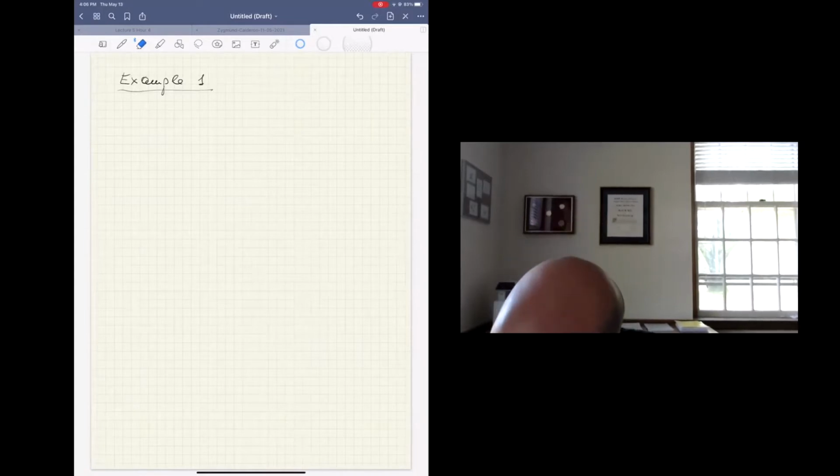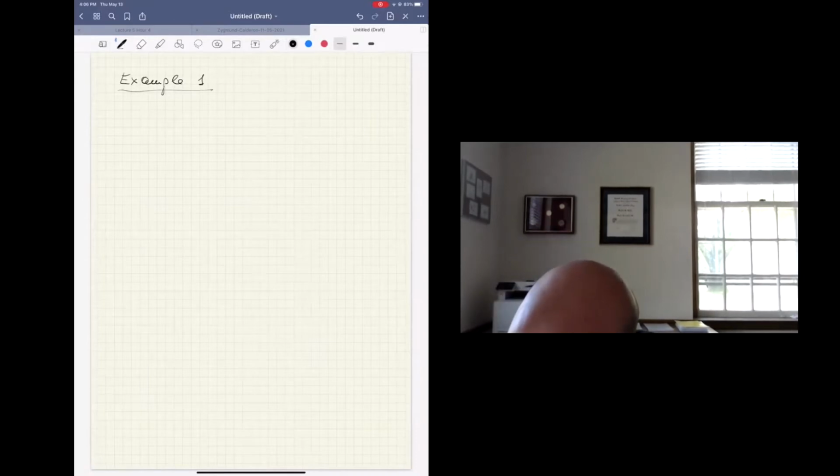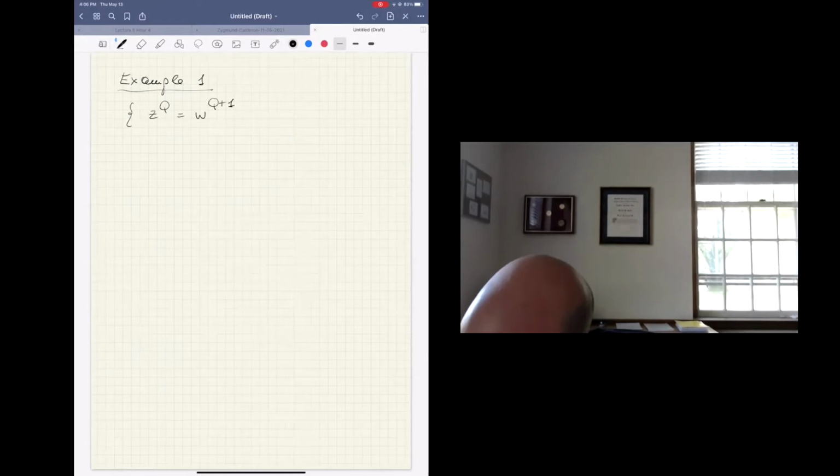And so the pivotal examples that I want to consider are situations like this. So first of all, maybe some complex curve which is of the following type. Let me just put Q and Q plus 1 over here. So that's one pivotal example.